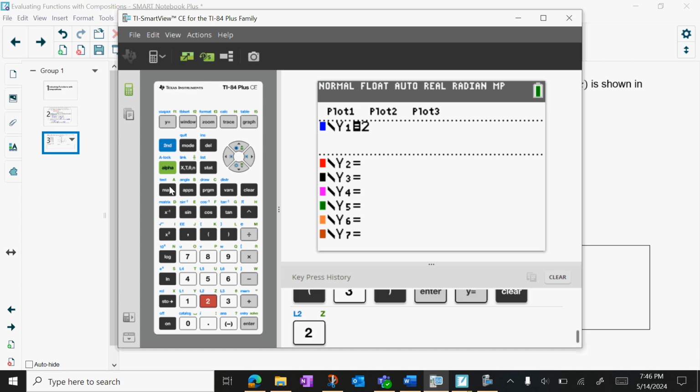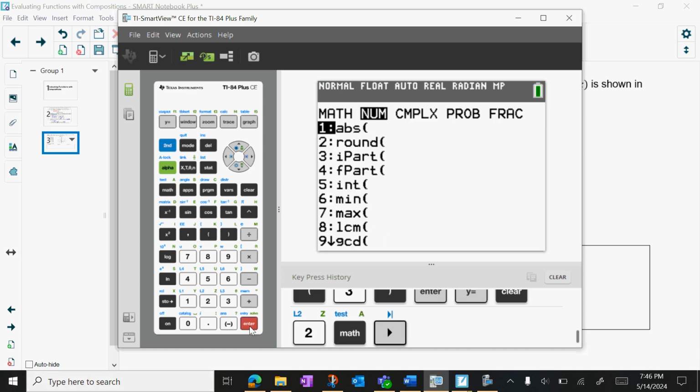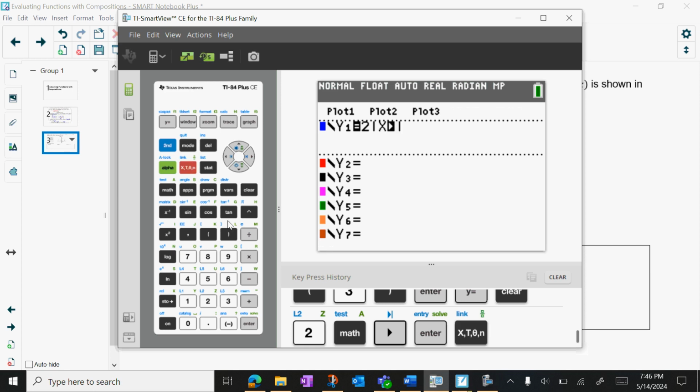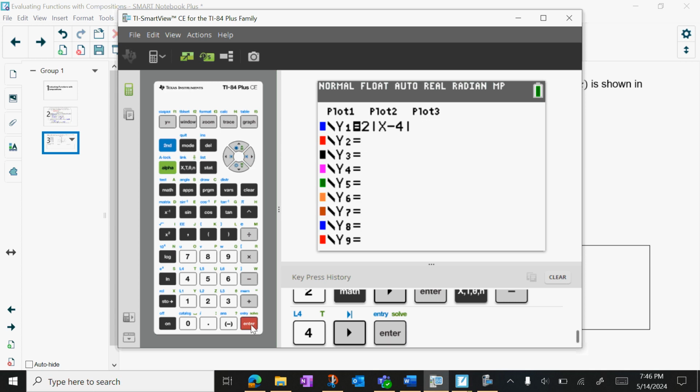So 2, go to the math, put a num, hit abs, and that's going to be x minus 4. So I'm going to use the technique that I just taught you with the alpha trace. So I have h of x in my y1, so 2 absolute value of x minus 4.